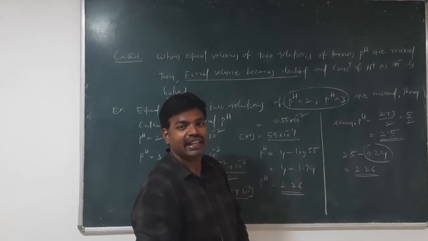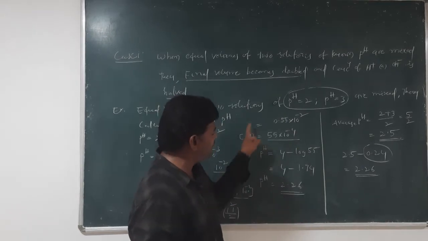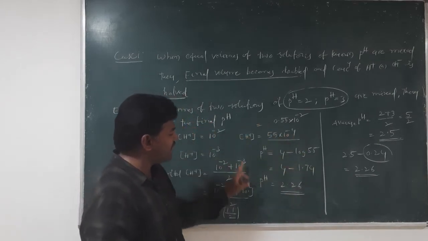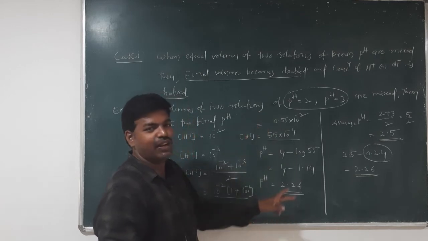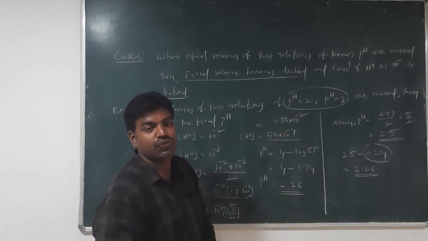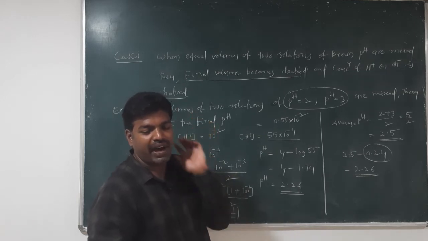Then we get the final exact pH as calculated in the long method. Actually that method is a lengthy calculation, and this is a shortcut. This shortcut is useful to you all, so keep this in your mind.